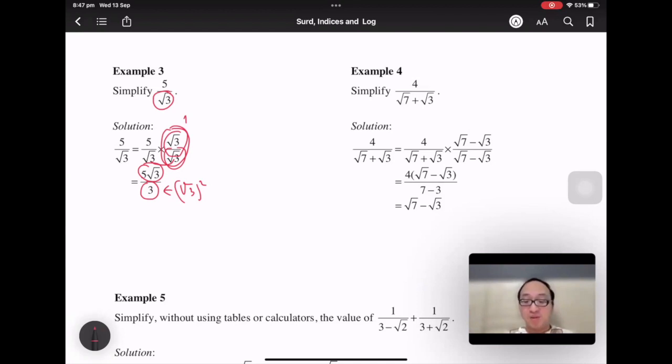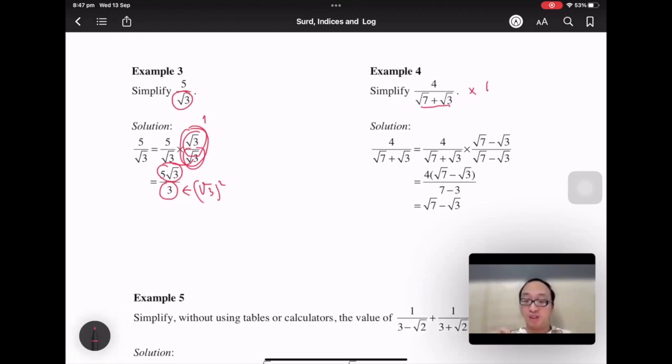Example 4, simplify 4 over square root of 7 plus square root of 3. So we have to remove the surd in the denominator by multiplying with the conjugate. So we multiply by 1 in the form of the conjugate of the denominator, root 7 minus root 3 over root 7 minus root 3, the same in the numerator and denominator.